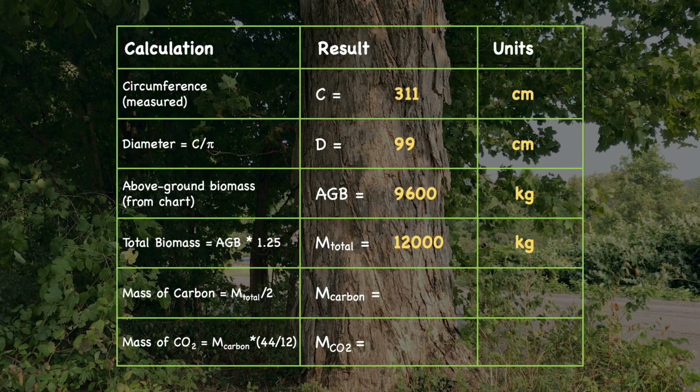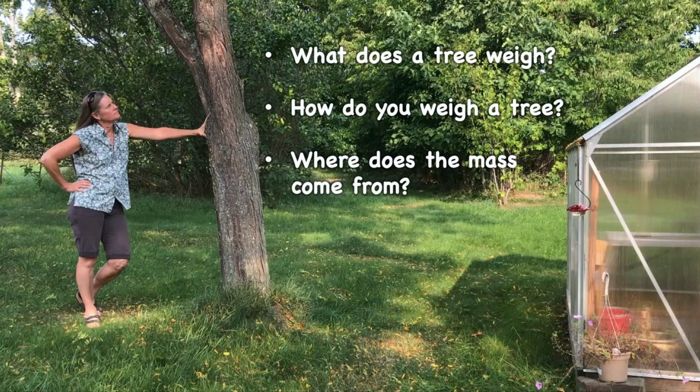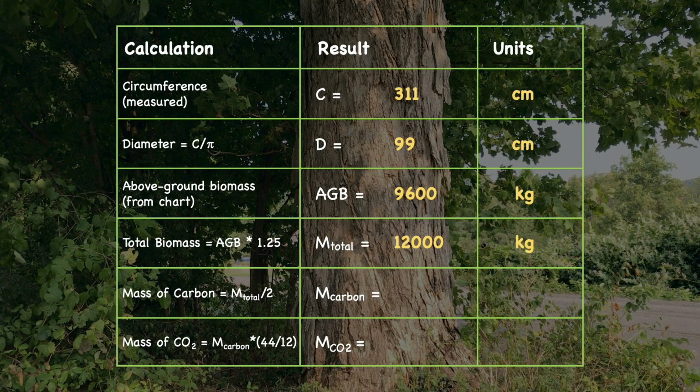So now we've answered 2 of our original questions. What does a tree weigh, and how do you weigh a tree? But we also want to know the mass of carbon, or carbon dioxide, that was taken out of the atmosphere by the tree and turned into stored biomass. Remember, we said that half of the mass of the tree is carbon, so finding the mass of carbon just means dividing by 2.